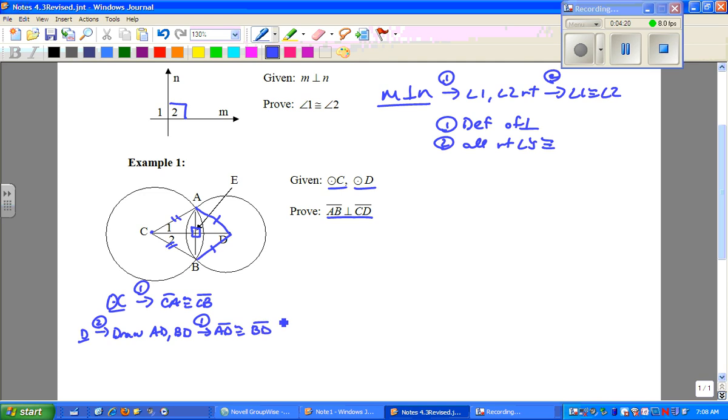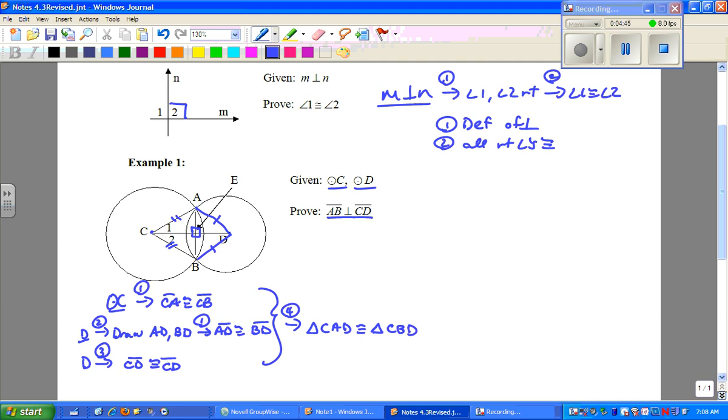You with me so far? Good. Up to reason 3, we have the reflexive CD congruent to CD, which now brings us to reason 4, triangle CAD congruent to triangle CBD.